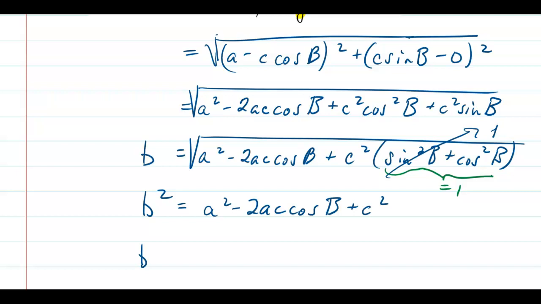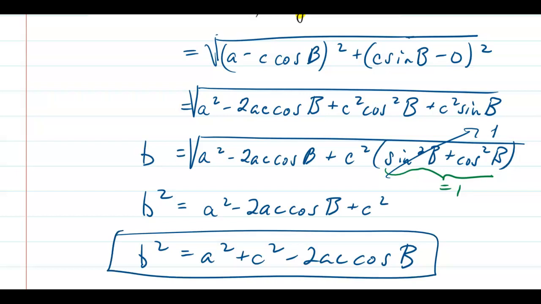And if we rearrange this, b squared is a squared plus c squared minus 2ac cosine of b. And there is one of the versions of the law of cosines.